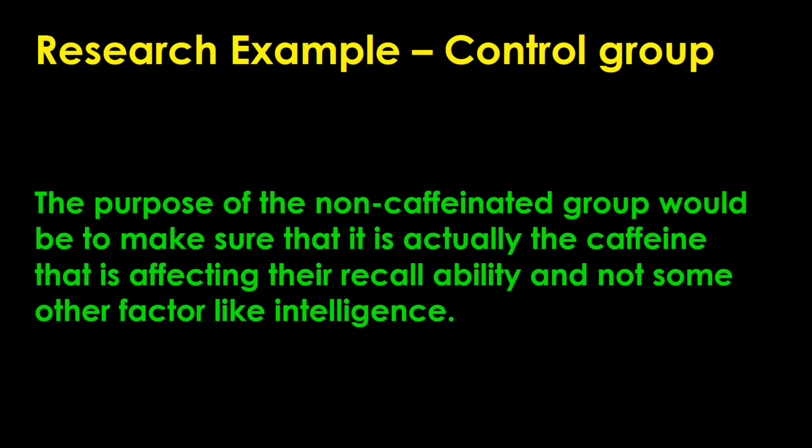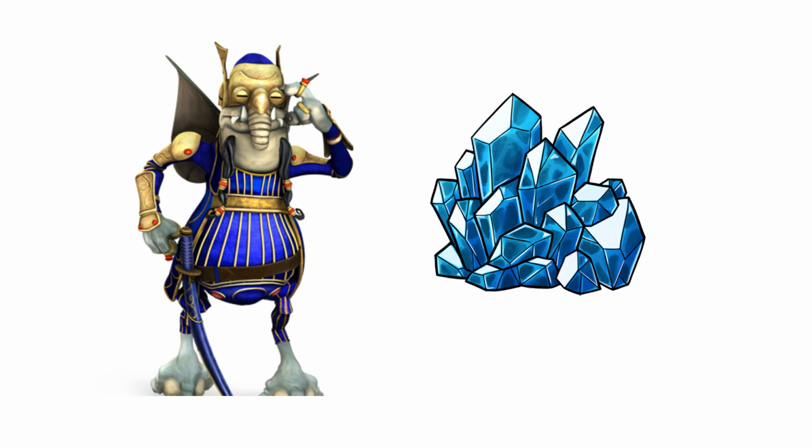So the purpose of the non-caffeinated group would be just to make sure that it's actually caffeine that affects the ability to recall of the students, and not some other factor, a big one like intelligence or some neurological impairments.